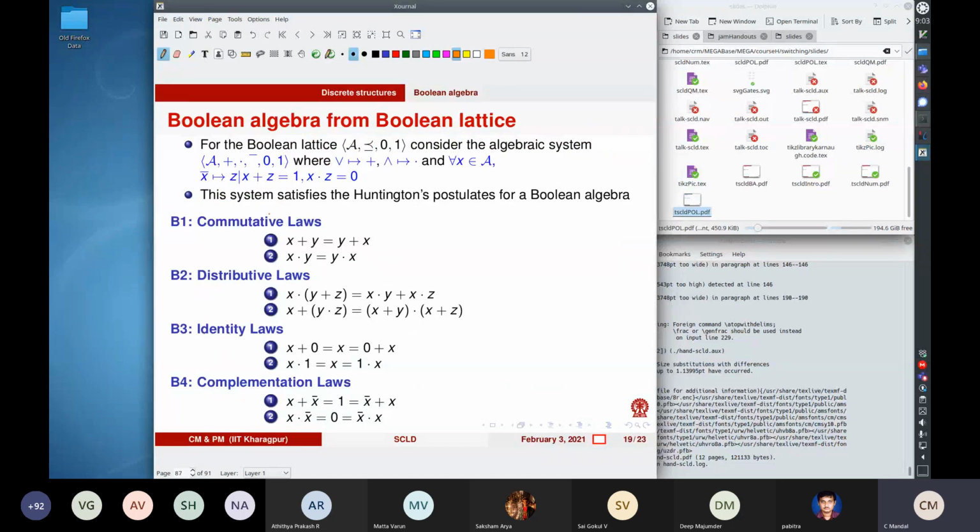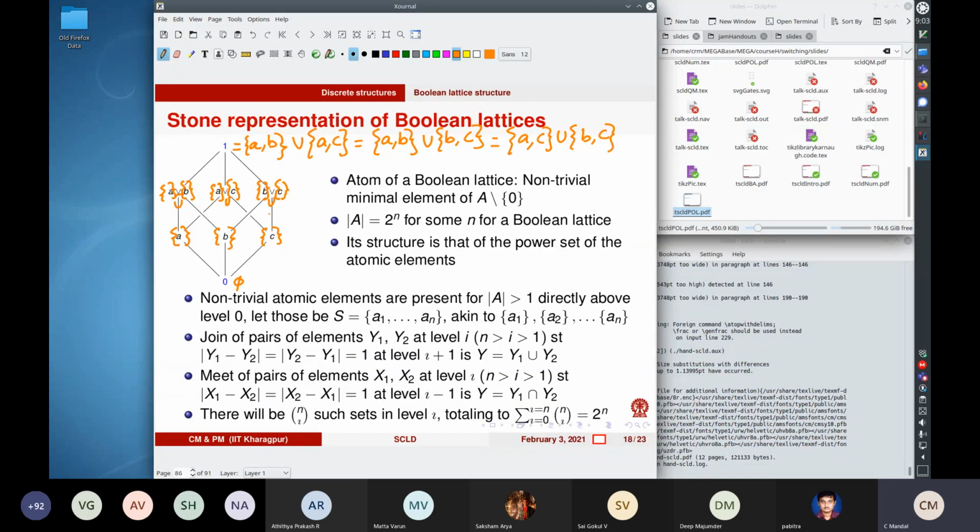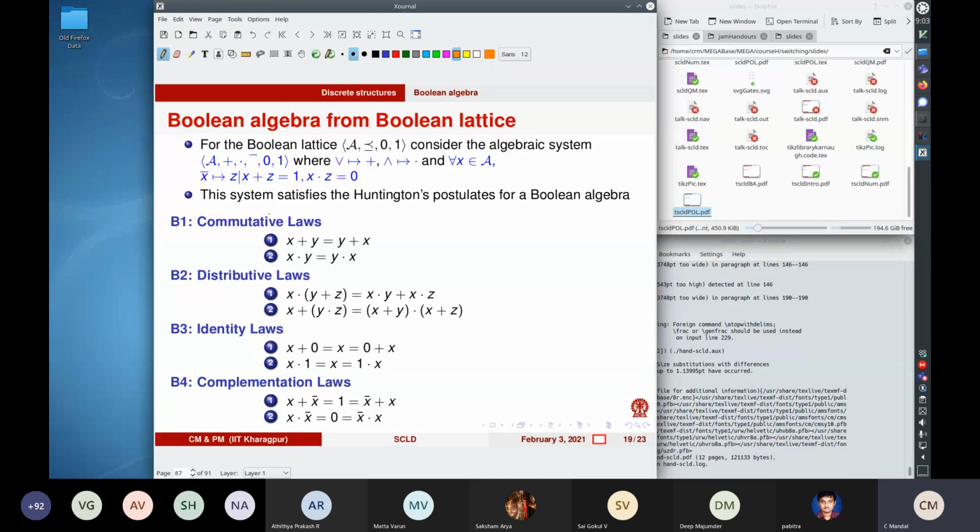All right. So now let us come to Boolean algebra. We have studied that a lattice is a structure, as you have seen. Let us now see how it relates to Boolean algebra. You have already seen what a Boolean lattice is like, and we consider the algebraic system over the set A. The set A is the same, the set of atoms.